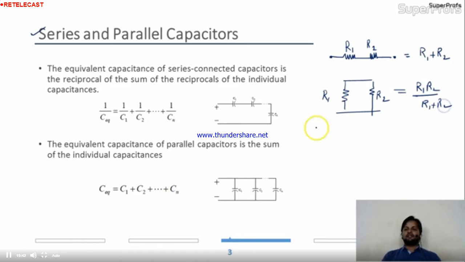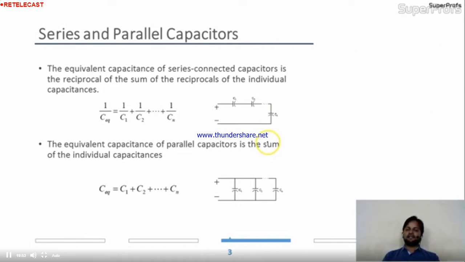Similarly, we have formulas for series and parallel combinations of capacitors. If capacitors are connected in series, the equivalent capacitance is given by 1 by C equivalent equals 1 by C1 plus 1 by C2 plus 1 by C3 and so on.